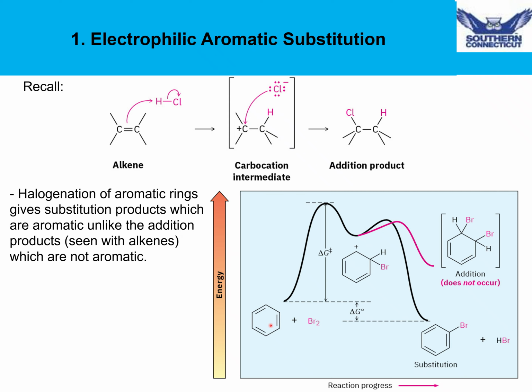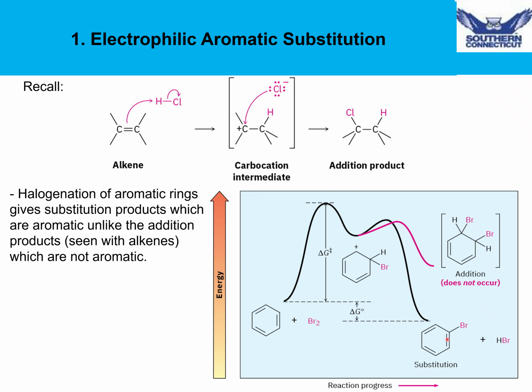As an example, when they react with bromine, they'll form a sigma complex, which is essentially a carbocation, very similar to the carbocation we have here with an alkene. But the end result is, instead of the nucleophile attacking that carbocation, we remove a hydrogen and we get a double bond in the aromatic ring back.